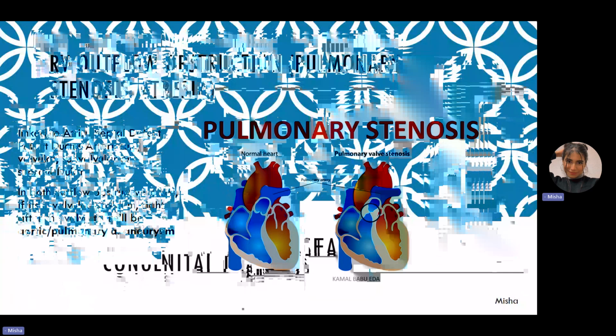Then we have right ventricular outflow obstruction. In this case, we would expect pulmonary stenosis or atresia. This is normally linked to atrial septal defect or patent ductus arteriosus, like I've mentioned before. Again, it can be valvular, subvalvular, or supravalvular.